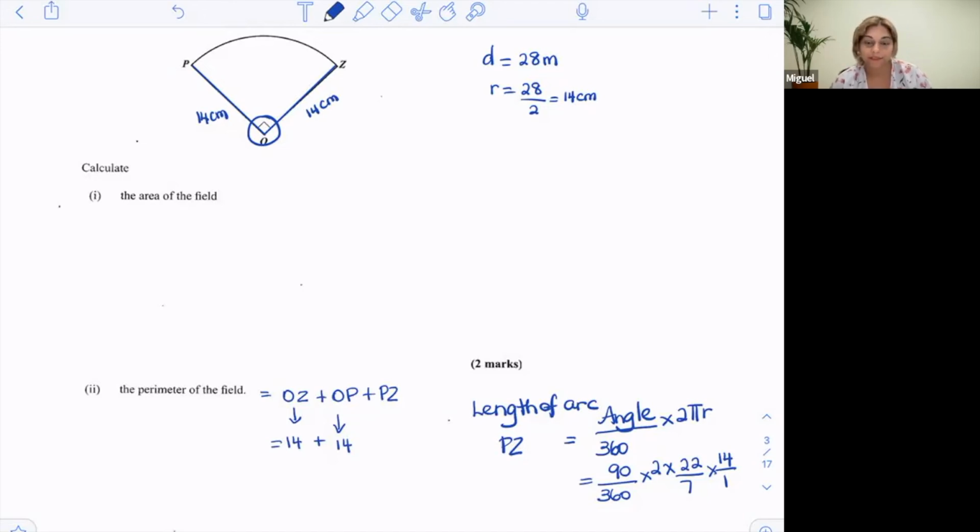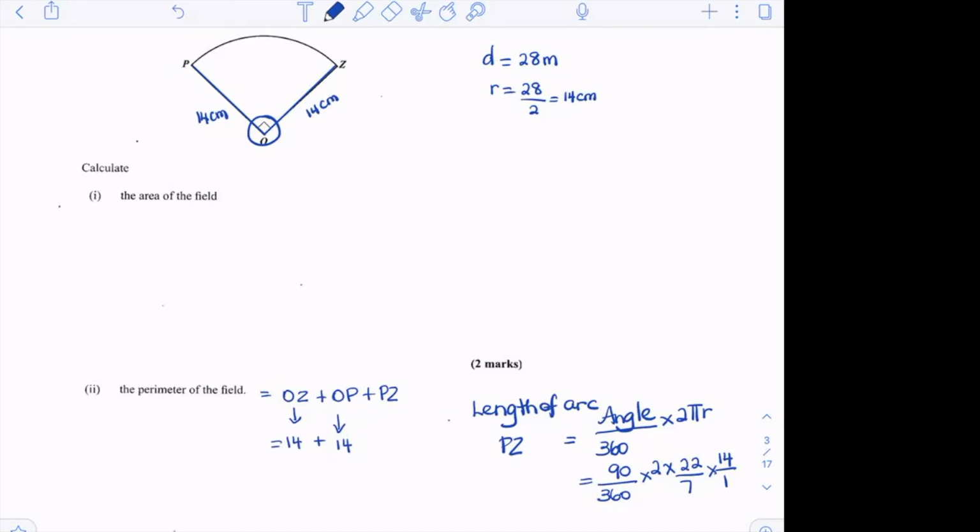Let me know when you have an answer for PZ. Anybody with an answer for PZ? 22.